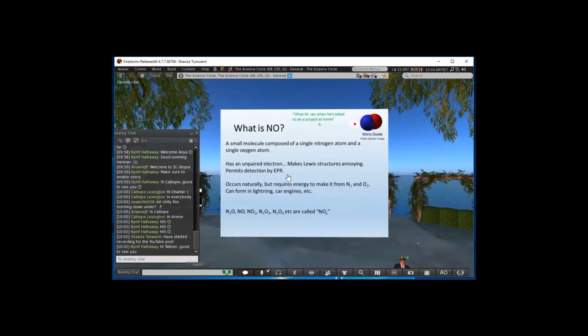One property is that it can be detected by electron paramagnetic resonance. And in fact, in biological systems, the very first detection of NO, before we even knew what we were detecting, was by EPR. It makes a beautiful 3-line signal. And this EPR technique is extremely sensitive.